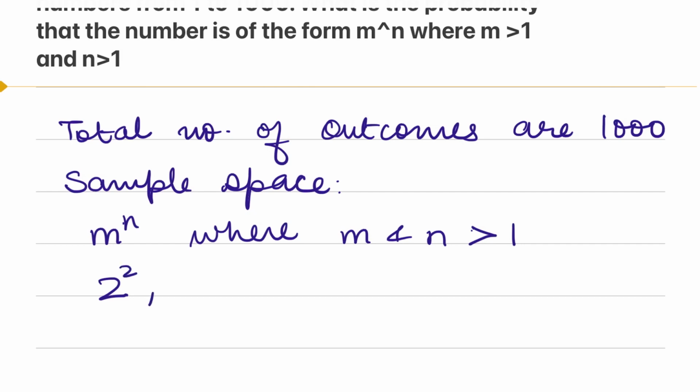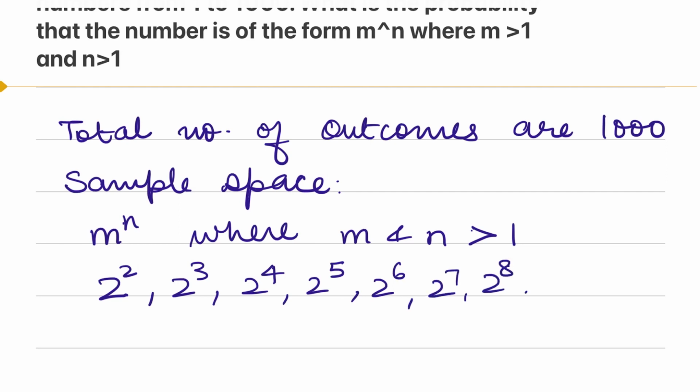So it will be 4, then 2 raised to the power 3, 2 raised to the power 4, 2 raised to the power 5, 2 raised to the power 6, 2 raised to the power 7, 2 raised to the power 8, 2 raised to the power 9. 2 raised to the power 9 is 512. 2 raised to the power 10 will be greater than 1000.